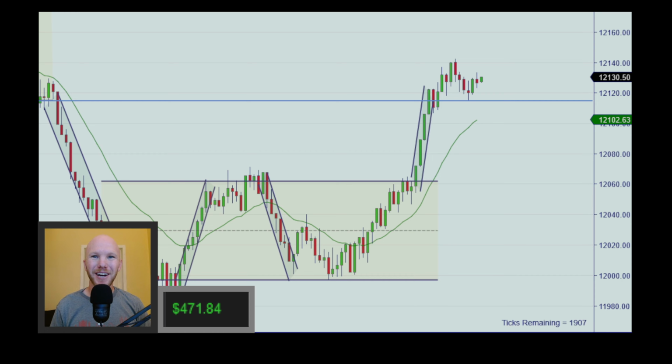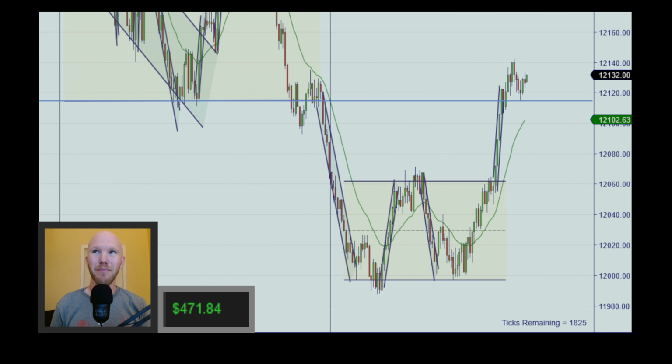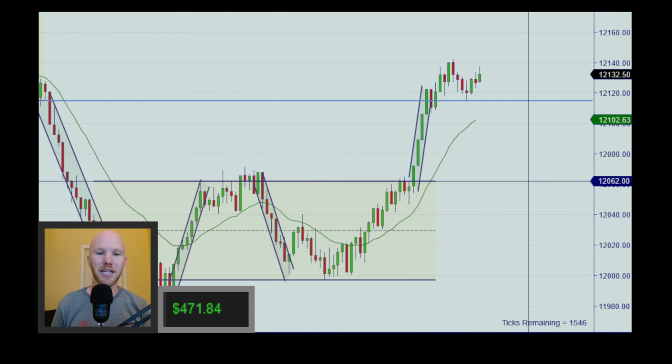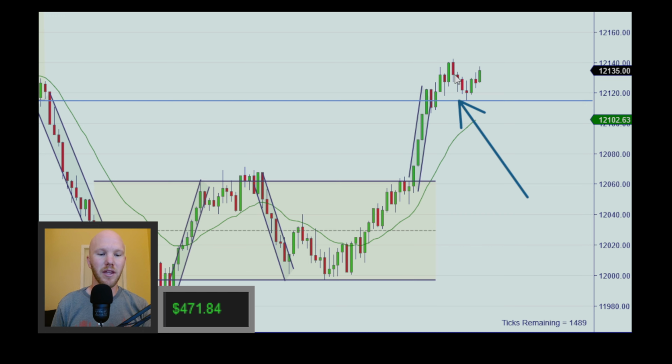All right, so we're now forming support right at the bottom of this range from earlier. And I extended the line out here to show that we were bouncing right off the support. We have our first entry long.